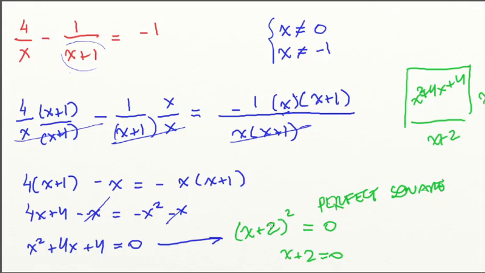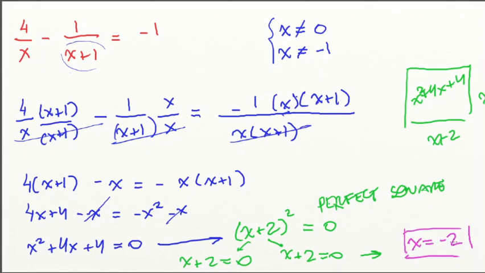Those two conditions are the same. So if we use the null factor law, we're basically saying x plus 2 is equal to 0 or x plus 2 is equal to 0. Those are the two solutions, but they are the same. And this gives us that x is equal to negative 2.